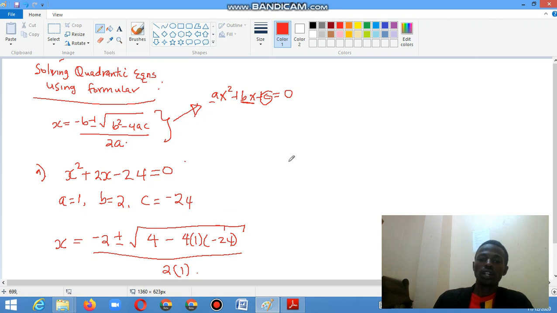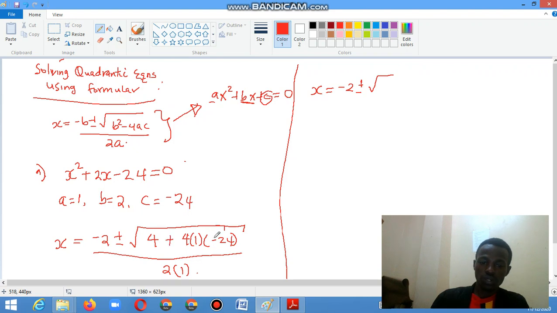So from here I simplify, and I get x is equal to minus 2 plus or minus the square root of 4. Remember this negative will cancel out with this negative to be a positive. And I know that if I have 4 plus 4 times 24, what do you get?